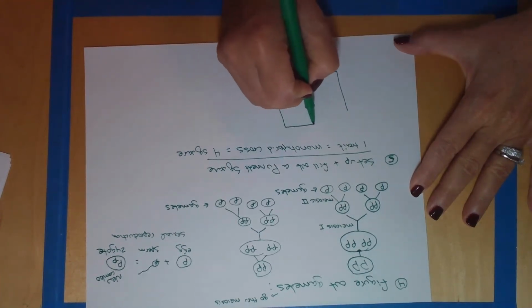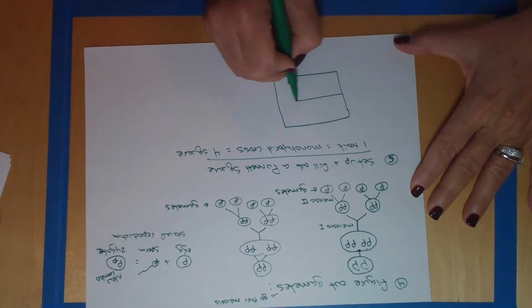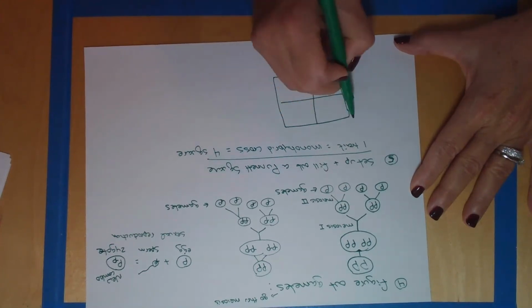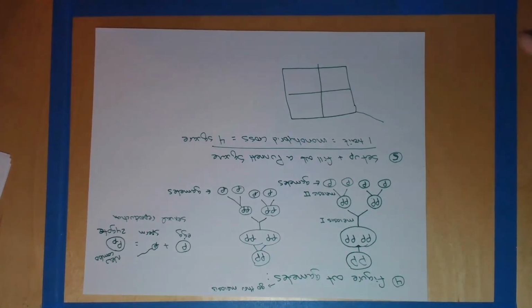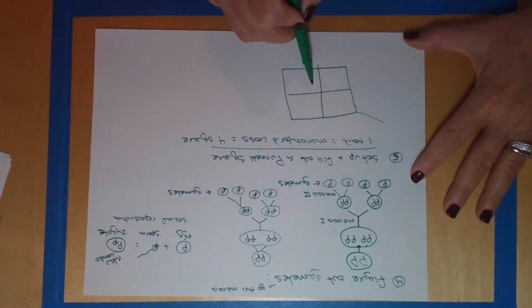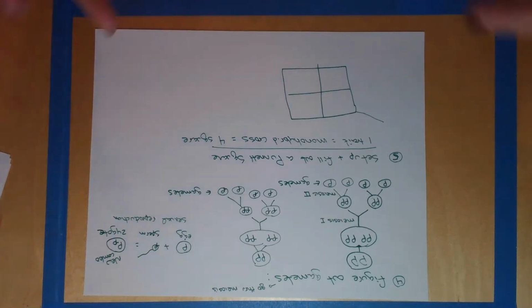Now, I'll say this 100 times in the next week or so: make your squares big. Make sure that you have plenty of space to write your capitals, your lower cases, so that you're not trying to cram everything together.